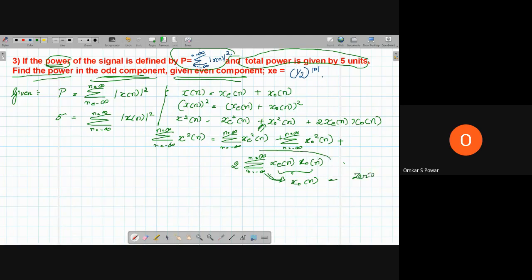So this whole term becomes equal to 0. So the multiplication of even and odd components gives an odd component, and the summation of this odd component is 0. So we did not consider this. Only this part will come into consideration, which I have highlighted in red. Now let us solve this slowly.